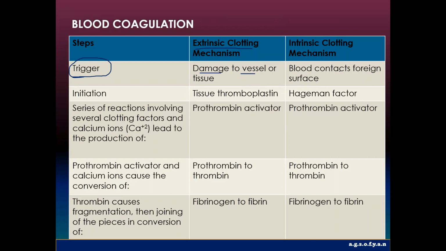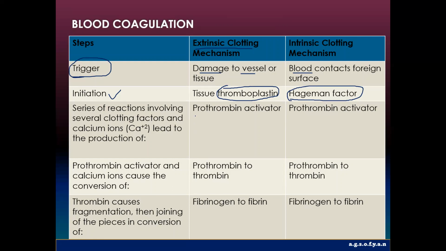However, if the blood contacts a foreign substance, like collagen, for example, then it will start the mechanism of clotting. The initiation for the extrinsic factor is the thromboplastin, which is factor number 3. And for the intrinsic mechanism, the initiation is factor number 12, the Hageman factor.